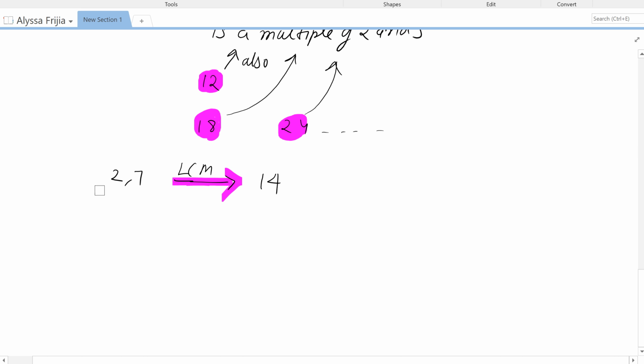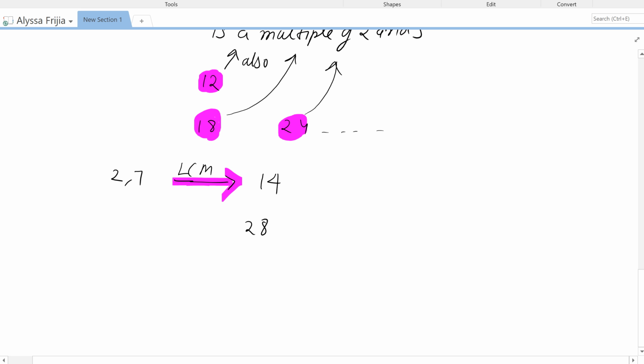So we call them factors once again, and that's the multiple of these two numbers. Now, which one is the least common multiple? 14, because we have many other numbers. For example, 28 is also a multiple of 2 and 7. 2 and 7 divide 28, but 14 is the smallest.